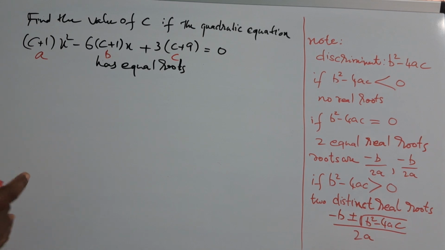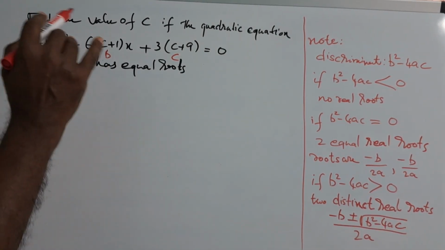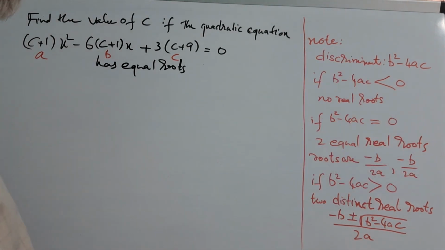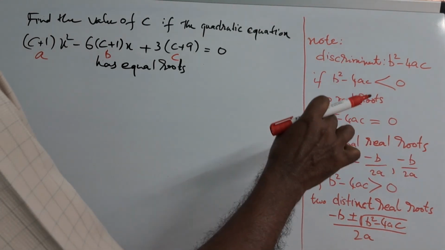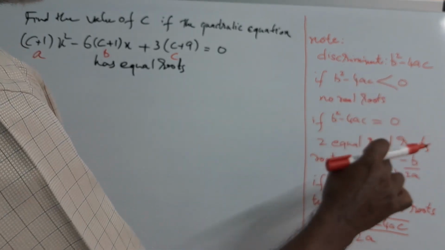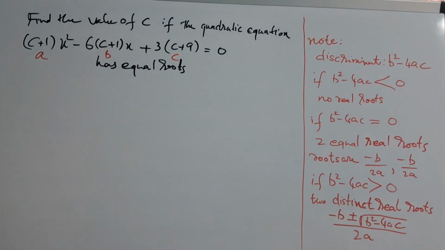It's given that the equation has equal roots, therefore b square minus 4ac is equal to 0. If b square minus 4ac is equal to 0, the equation has two equal roots and the roots are minus b by 2a.